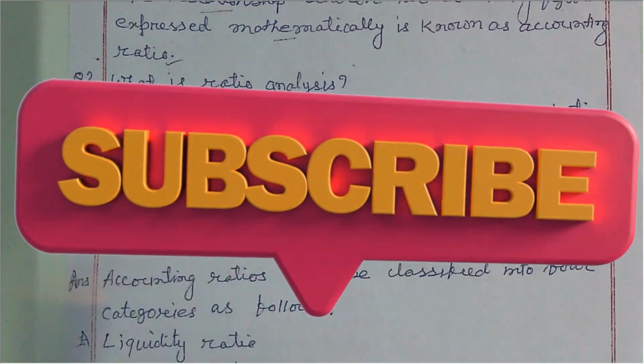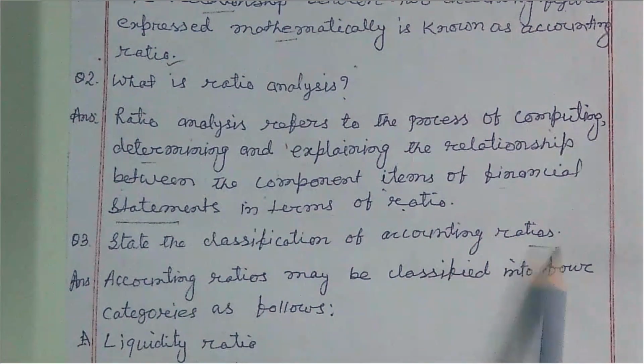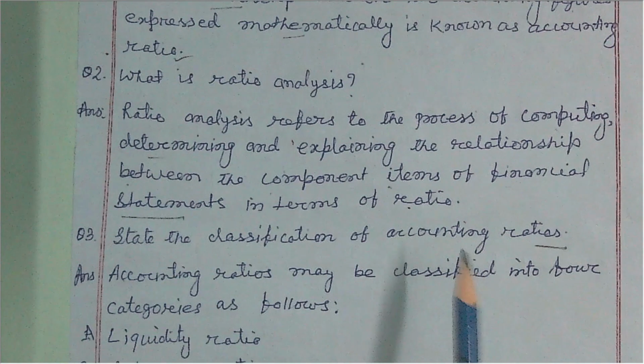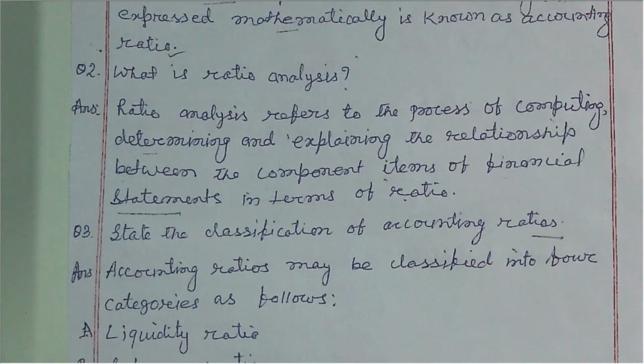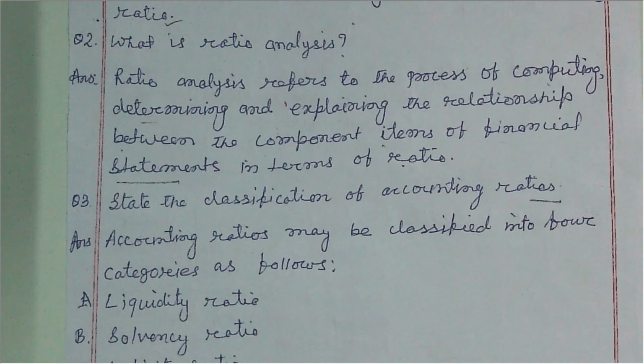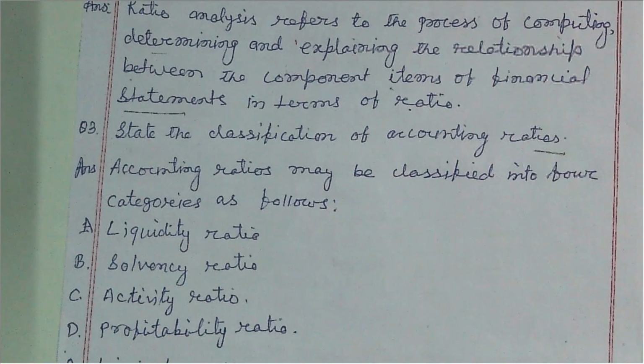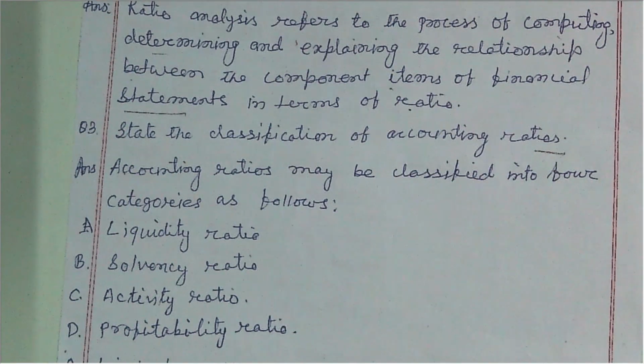Now here another question: state the classification of accounting ratios. So accounting ratios are computed from various points of view, and these are classified into four categories: liquidity ratio, solvency ratio, turnover ratio or activity ratio, and profitability ratio. To know the long term financial position of a business, we calculate the solvency ratio.